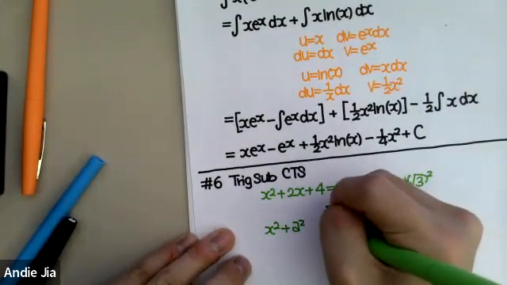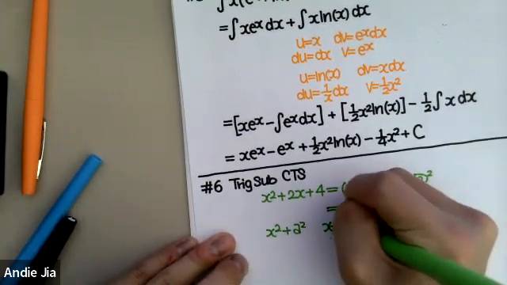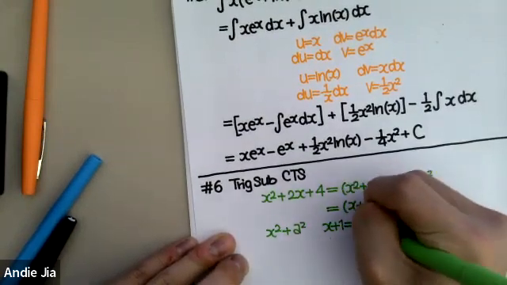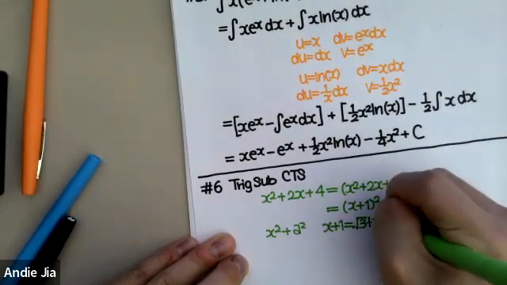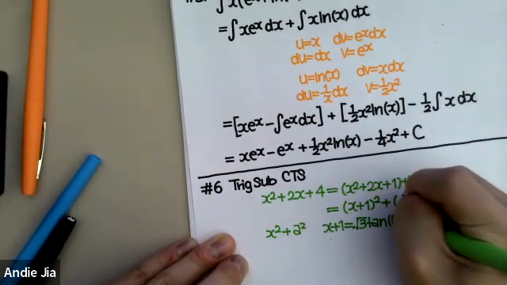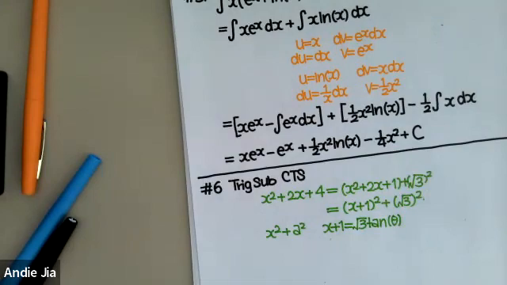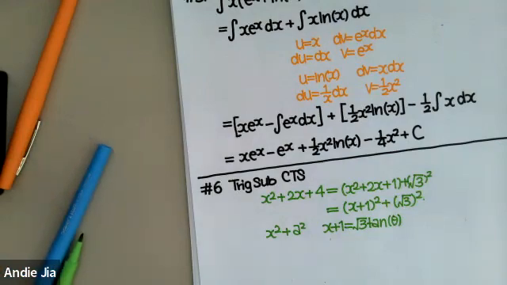So we sub x plus 1 equal to square root of 3 tangent theta. Be careful for this definite integral. You need to make a u substitution when doing the trig sub.